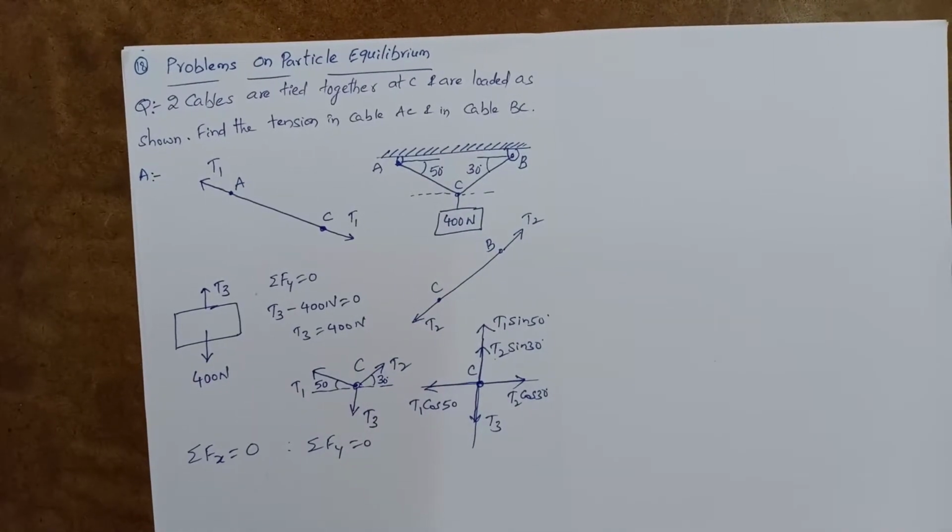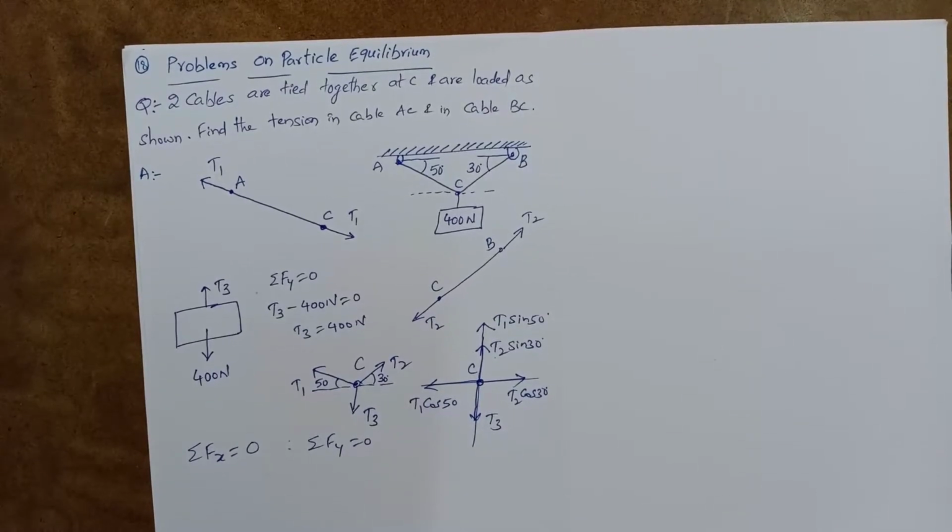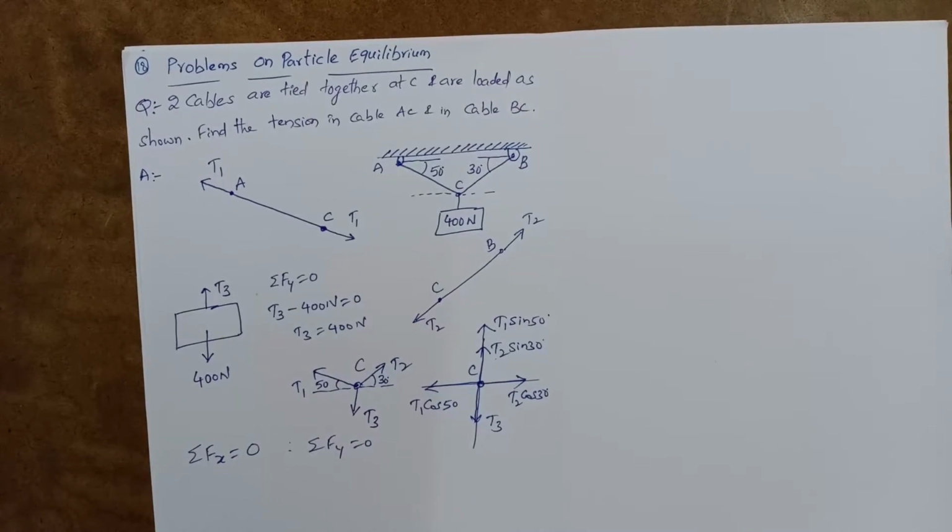Basically, free body diagram means the body is free from the contact bodies, and the effect of the contact bodies is shown by their forces.